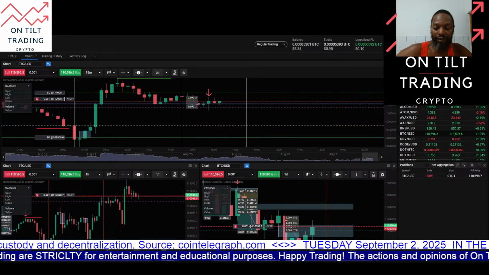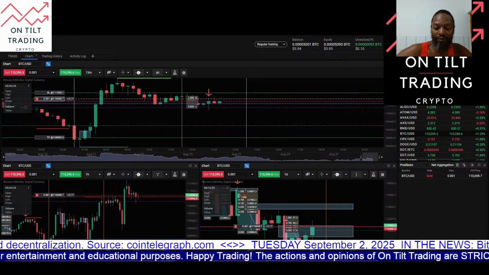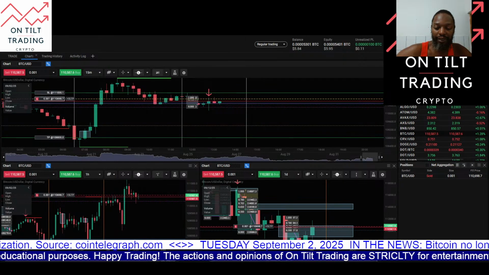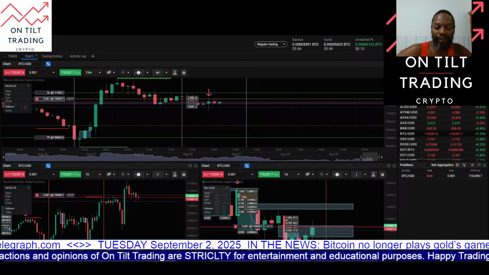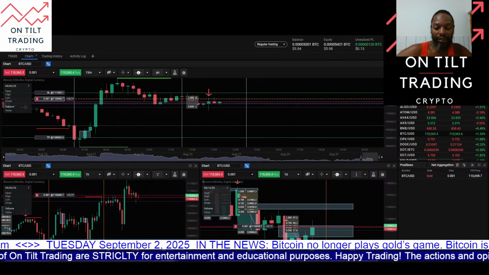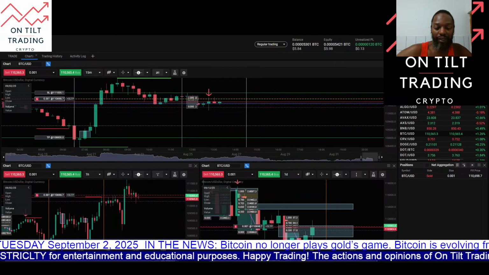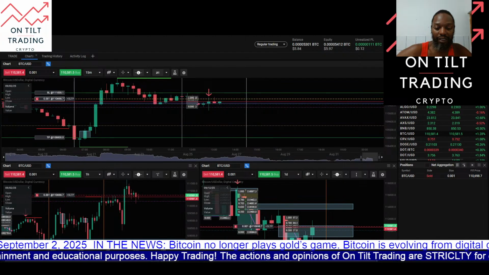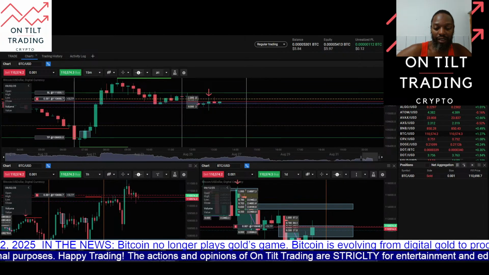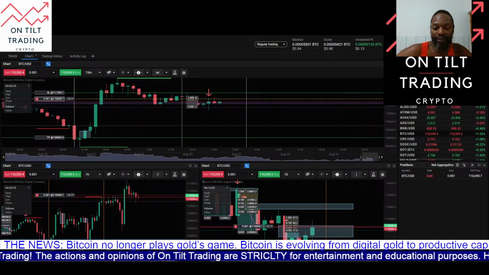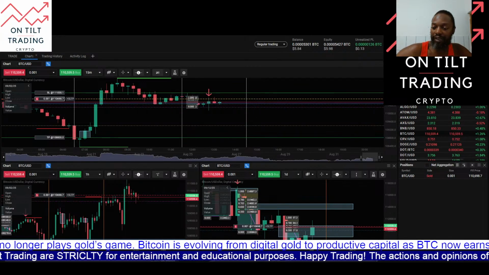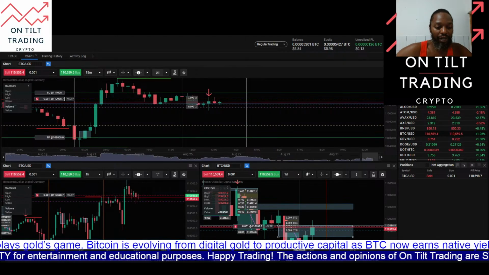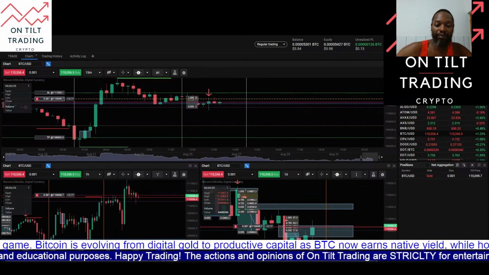So there is a chance that, or a high enough probability that price could come and sweep out the buy-side liquidity resting up here. And then that would expand this range here to this entire range.